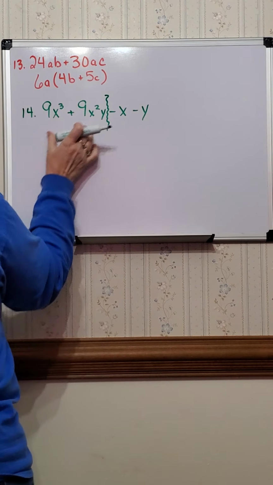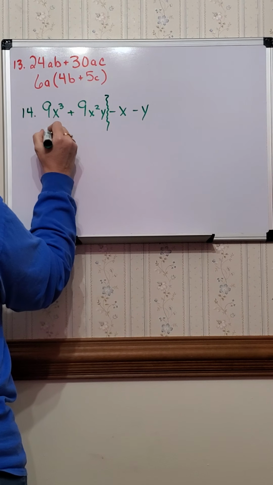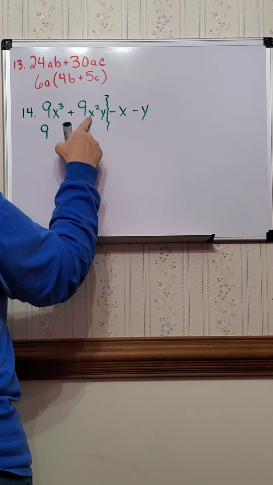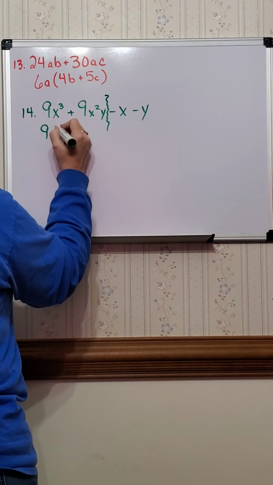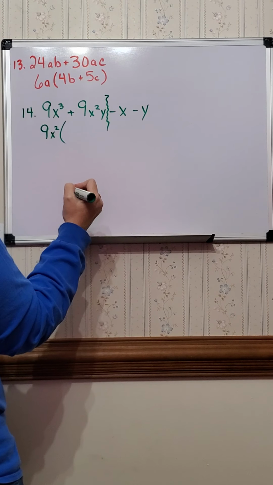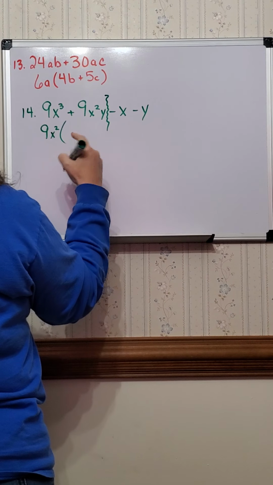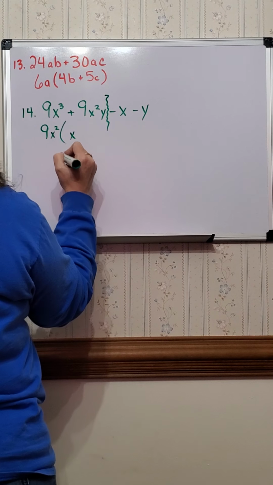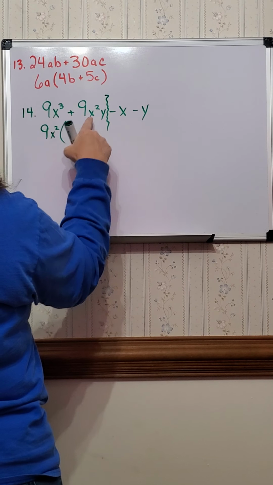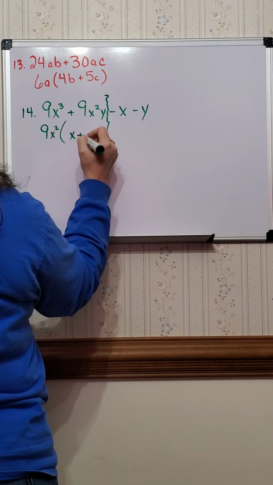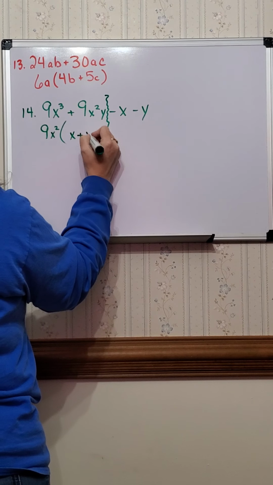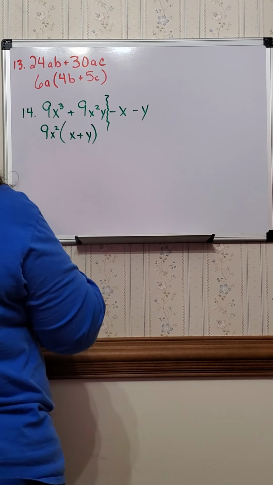So let's see what we can pull out of here. Well, I've got a 9 I can pull out. Here I've got an x squared, here I've got an x to the third, so I can pull that x squared out. And that is going to leave me 1x plus, and then I pull that 9x squared out, y on that side.